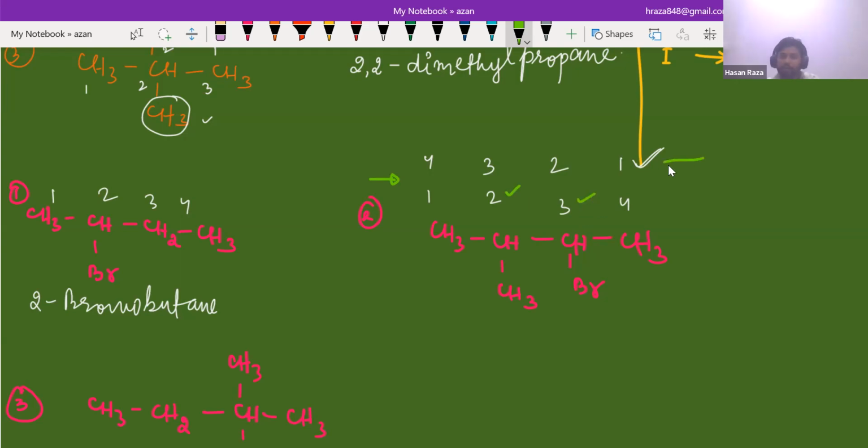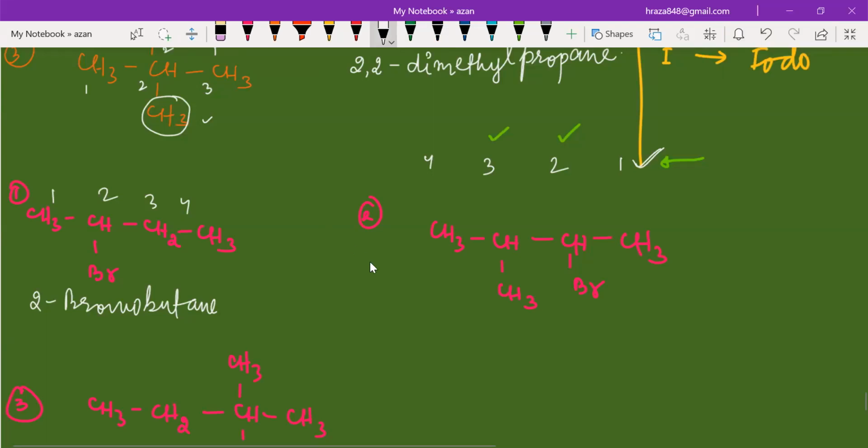And if you do the numbering from the right side, bromine will get the second position and the methyl will get the third position. If this situation comes, then go with the alphabet. Bromine, B, comes before methyl, M. Are you getting my point? So we will give preference to bromine and the numbering will be done as it is. Is that clear?